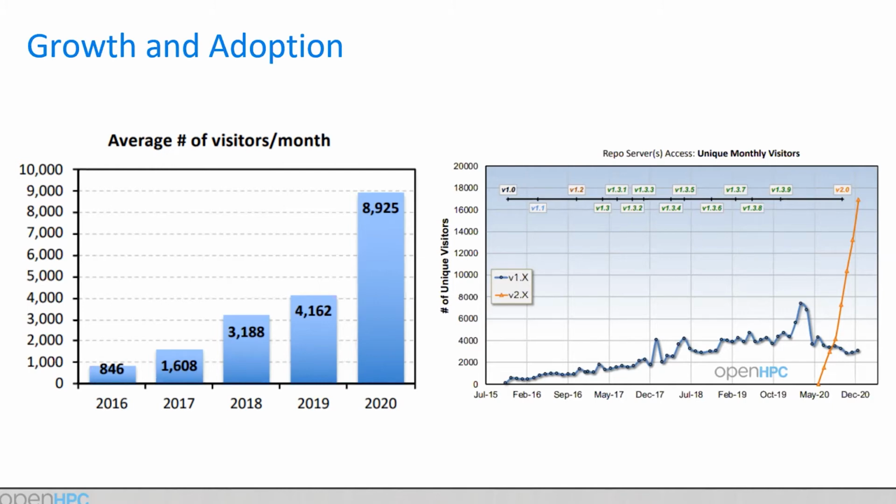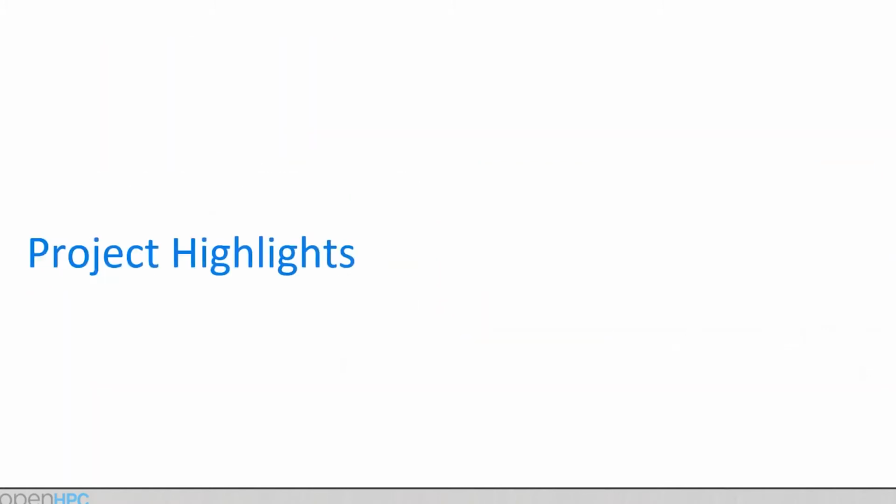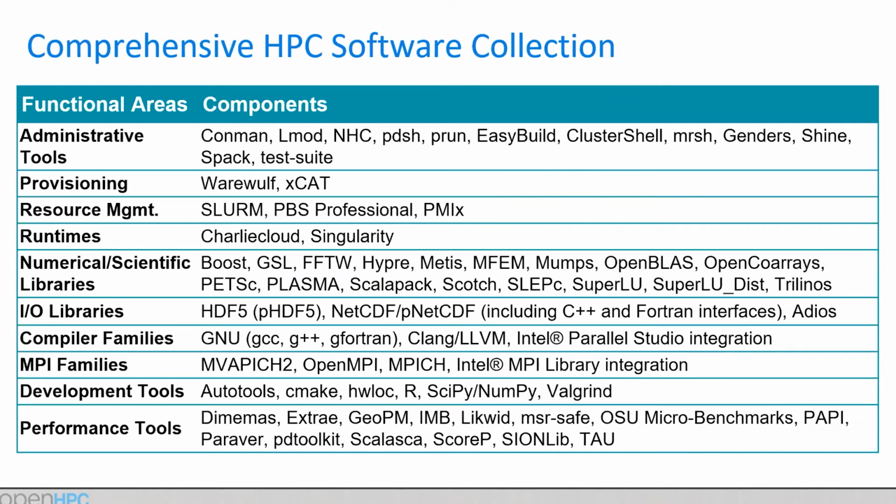Okay, so that's the program. Let's talk about some of the highlights, and specifically the ways that the program can benefit its users. OpenHPC provides a fairly comprehensive set of standard HPC software. If you look through this list, you'll see a lot of the major components used in administration, provisioning especially.